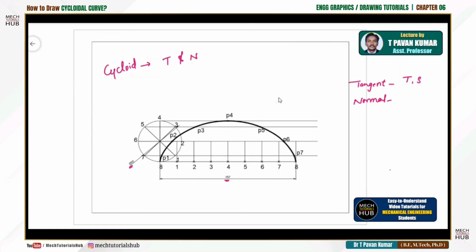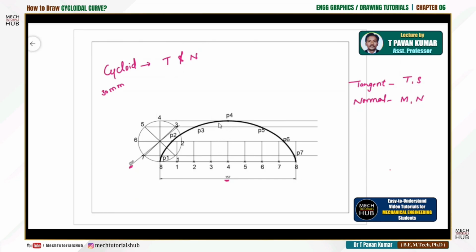I'll write it with capital letters M comma N. These are the notations, and he'll specify in the question where exactly you have to draw the tangent and normals. For example, from the baseline, he may specify to draw the tangent and normal at a distance of maybe 30 mm. Okay, at a distance of 30 mm. You should not go beyond 50 mm, because if you go beyond 50 it will definitely cross this particular width.